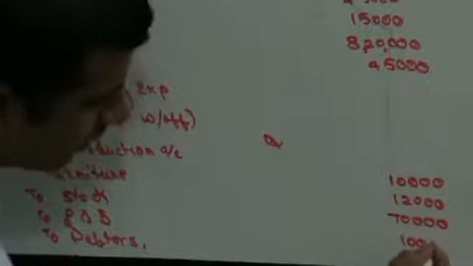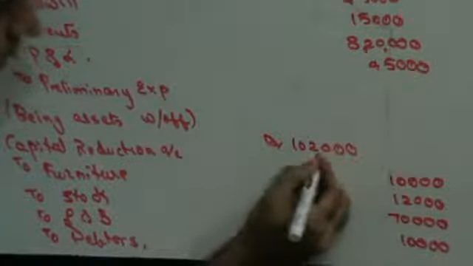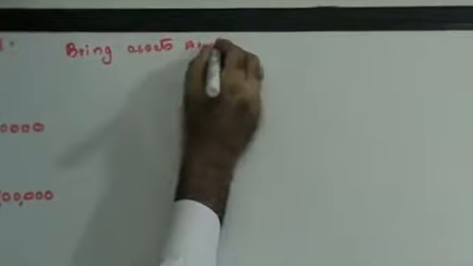And sundry debtors was 90, it has become 80, so 10,000. Right? Someone please calculate. 1,02,000. Being assets revalued.